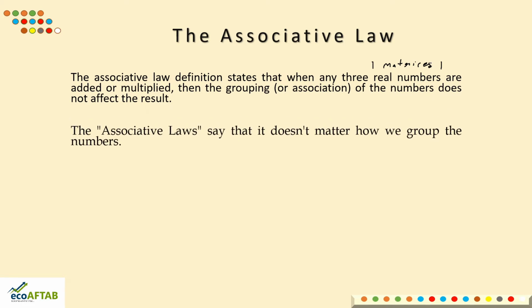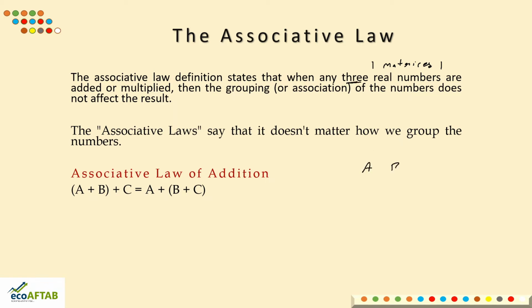The associative law says that it does not matter how we group them. Here also we have the associative law of addition, A plus B in the bracket. There are three matrices, A, B and C, and how you group them doesn't make any difference.